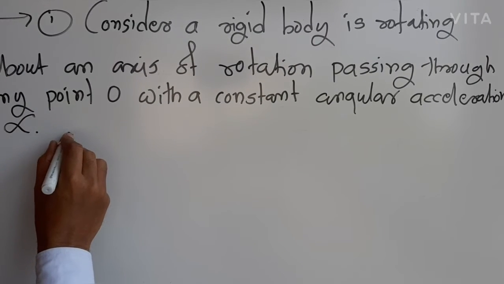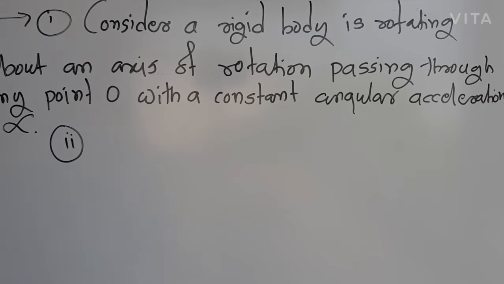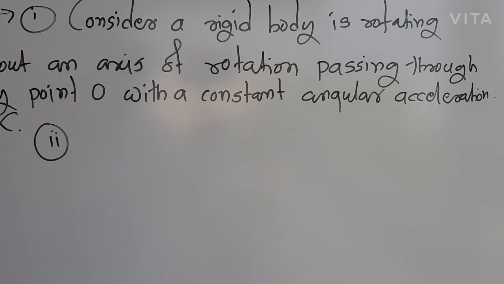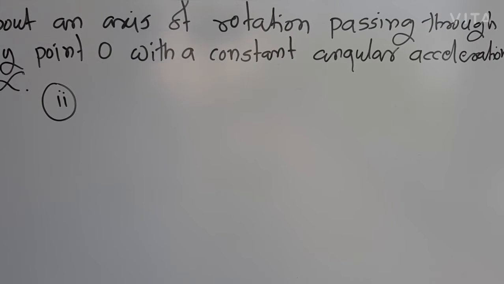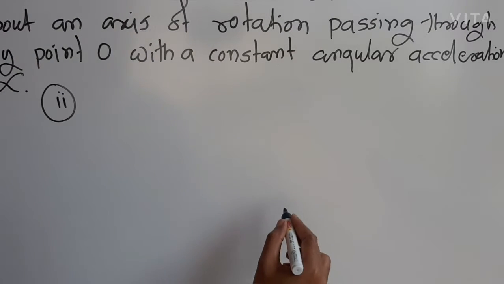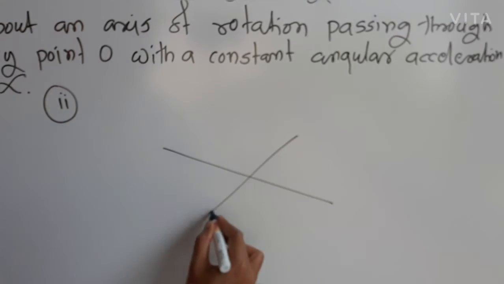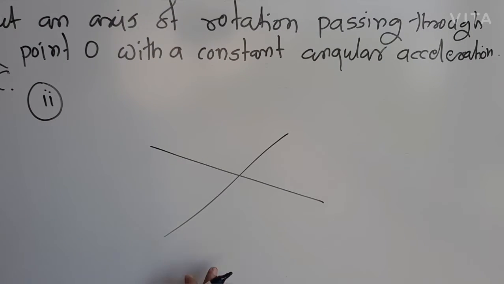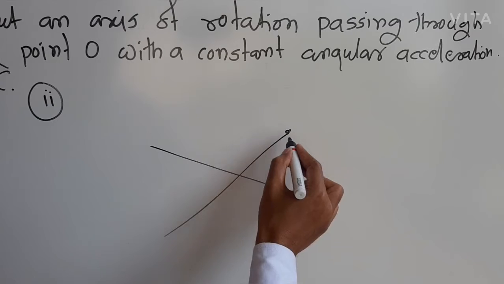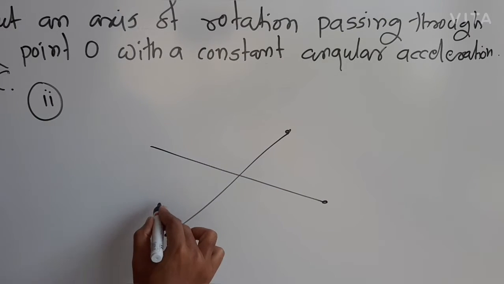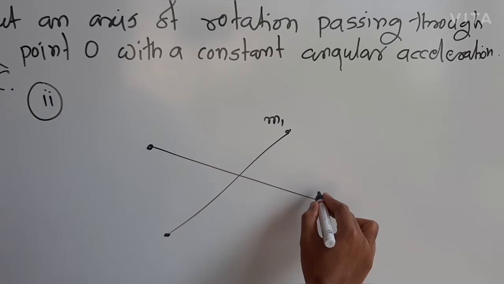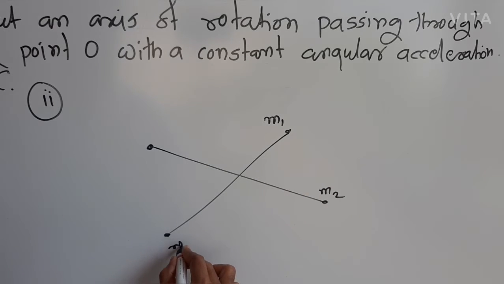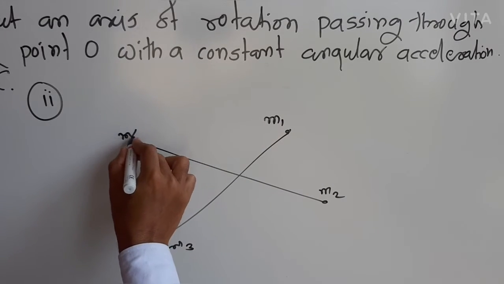Second point, now it is a diagram. We know that in the previous point there is omega and here is alpha. Now we already know how to draw this diagram. Draw first this cross and at the end points of these lines denote M1, M2, M3, M4.